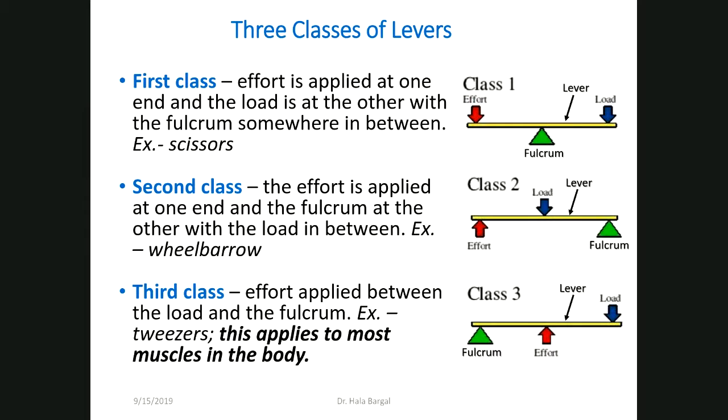The effort is the contraction of the flexors group, which are three muscles: brachialis, brachioradialis, and biceps brachii. They will contract, and the load is the heaviness of the book that I will carry. This is how we apply the third class of levers over the muscular system.